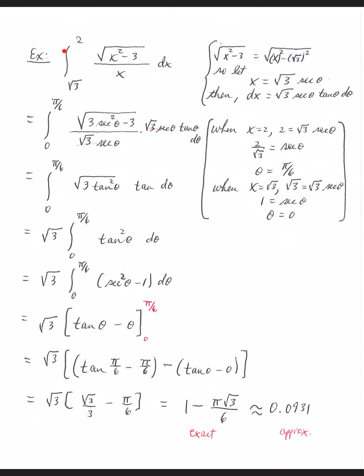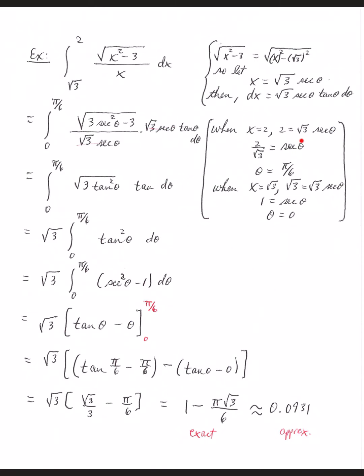Now notice this little magic trick. My 2 and square root of 3 suddenly became pi over 6 and 0. Why is that? Well, let's go to our substitution. Take our top integral limit, 2. When x is 2, this substitution becomes 2 equals the square root of 3 secant theta.